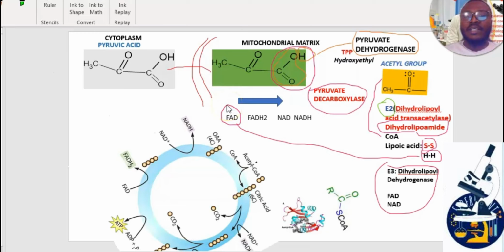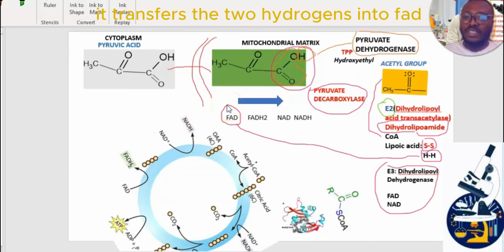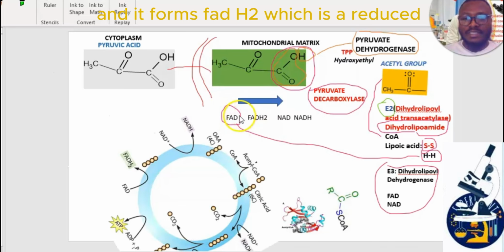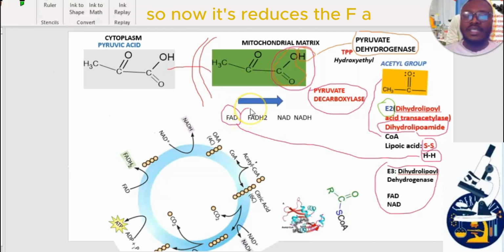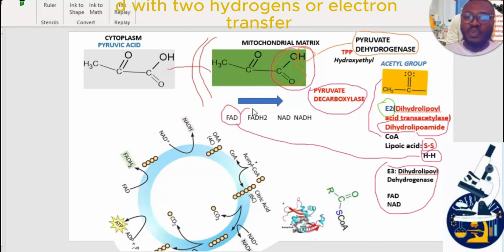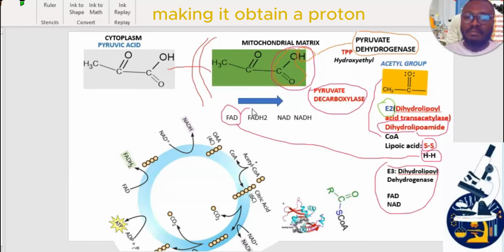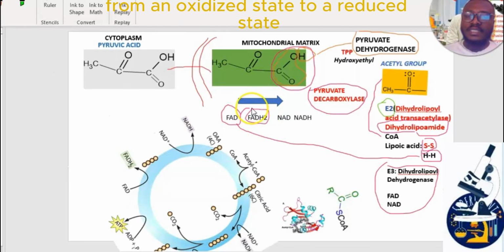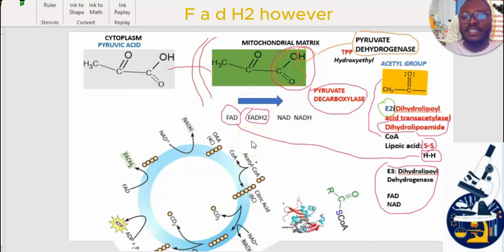coenzyme. It transfers the 2 hydrogens into FAD and it forms FADH2, which is reduced. So now it reduces the FAD with 2 hydrogens or electron transfer, changing its state from an oxidized state to a reduced state, FADH2.